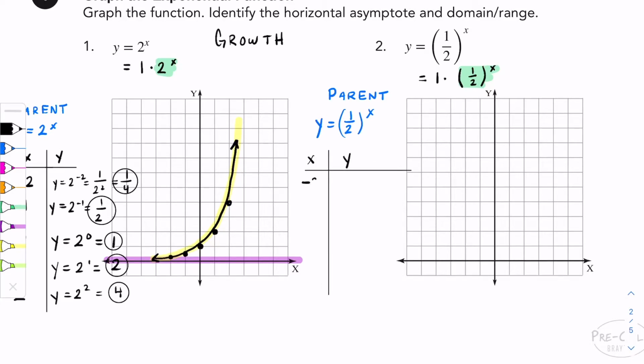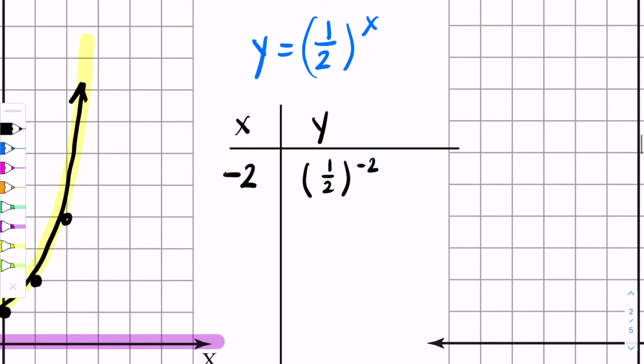We start with -2. 1/2 raised to the power of -2 is the same thing as 1 raised to the power of -2 divided by 2 raised to the power of -2. Because you have two negative exponents, you can switch the location and they become positive. 2 squared is now in the numerator, 1 squared is in the denominator. 2 squared over 1 squared is 4.